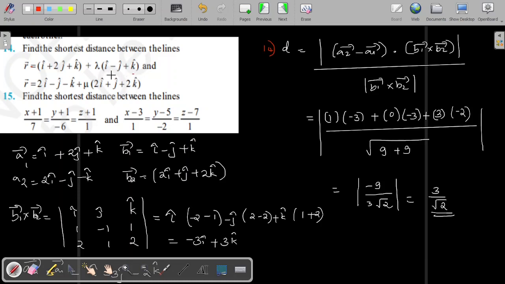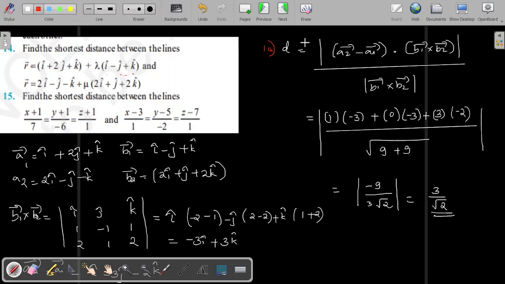So this B vector, you have to check this vector, lambda into some vector. If that vector is same, then the direction is same. Then the lines will become parallel. Here two different vectors are given. So the two lines are in different direction. They can't be parallel. So you have to use the formula of distance between two skew lines.